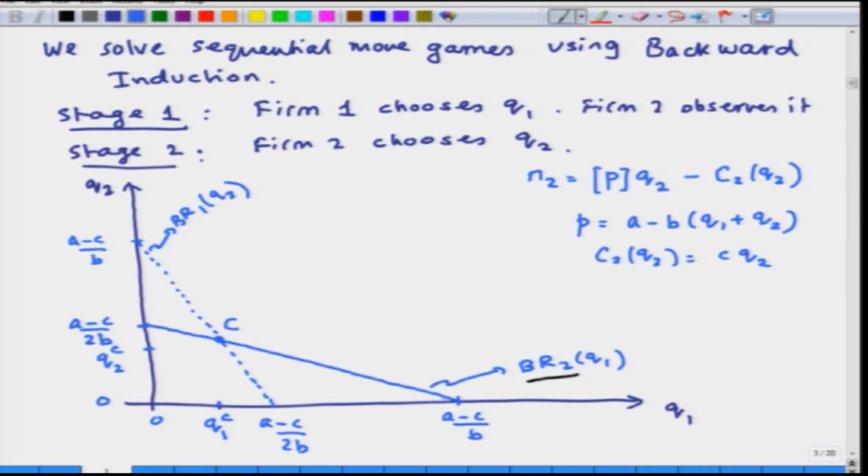Given that firm 1 is producing more under the Stackelberg model compared to the Cournot model, and the best response function is downward sloping, the output under the Stackelberg model is lower than that under the Cournot model. We also note that the decrease in Q2 is smaller than the increase in Q1, right.